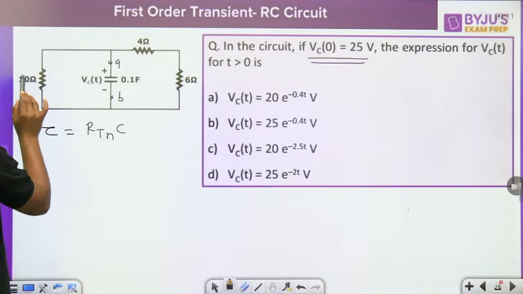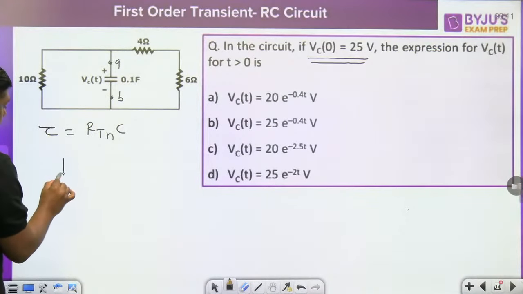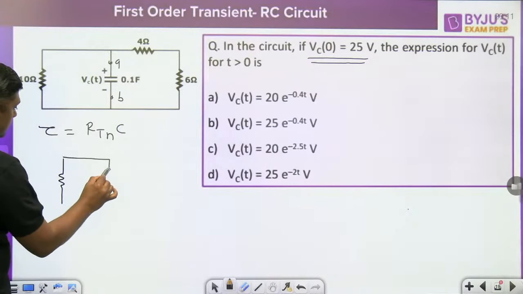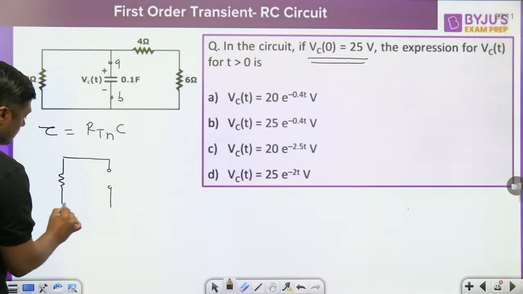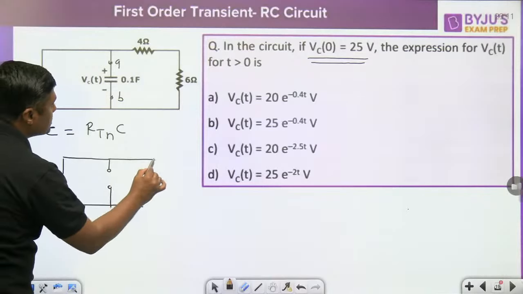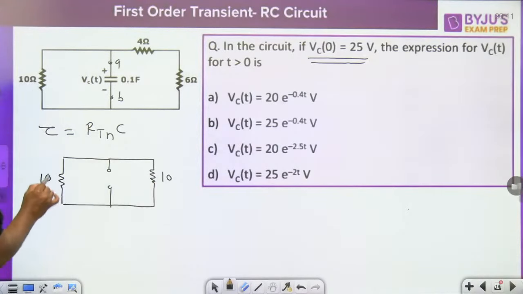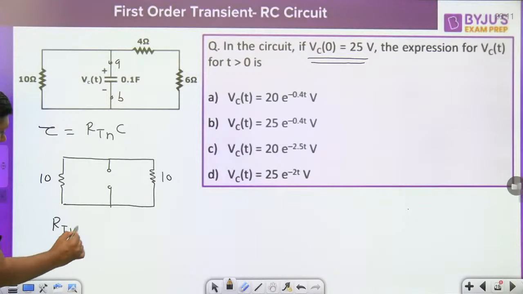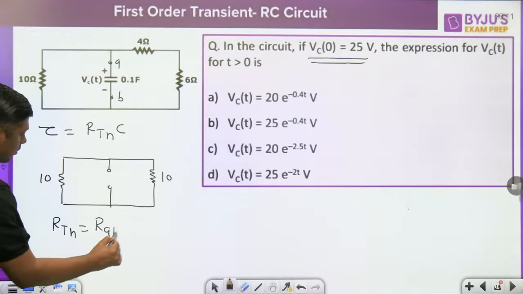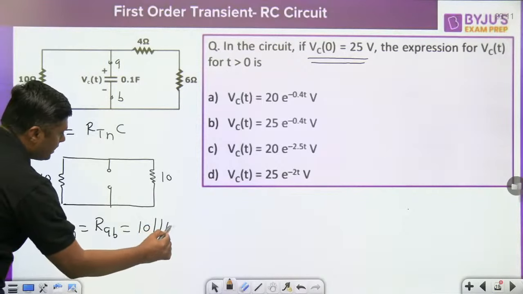This 10 ohm resistor and this 4 plus 6, 10 ohm resistor are in parallel. What is the RTH across AB? It will become 10 parallel with 10, that is 5 ohm.